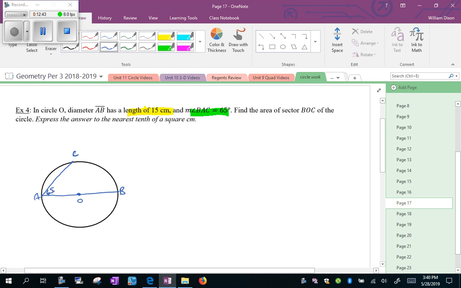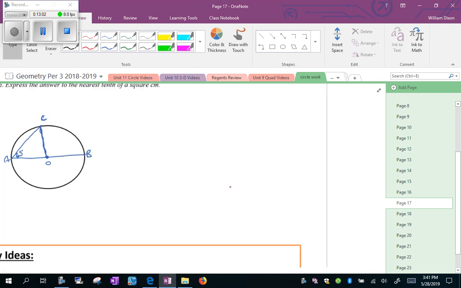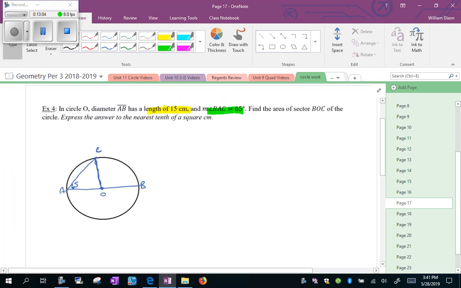All right, so a couple things happen here. One, because I'm looking for the area of the sector BOC, okay, that's going to be actually here. Use a different color and make this bigger again.